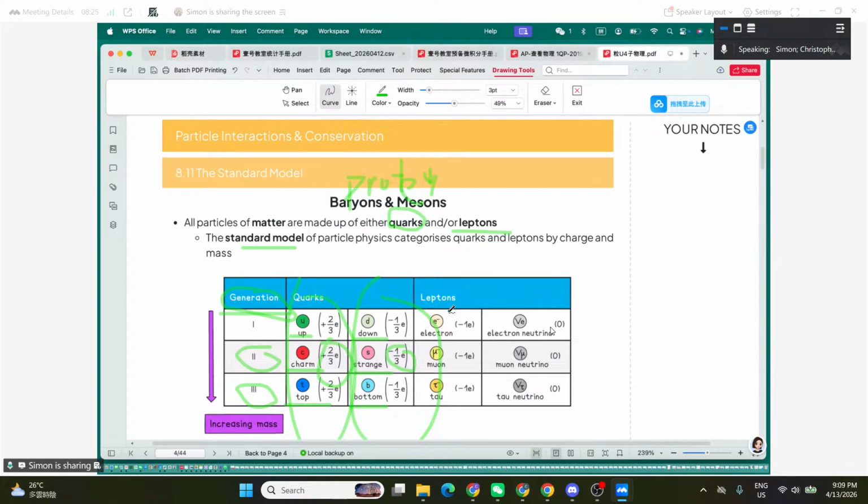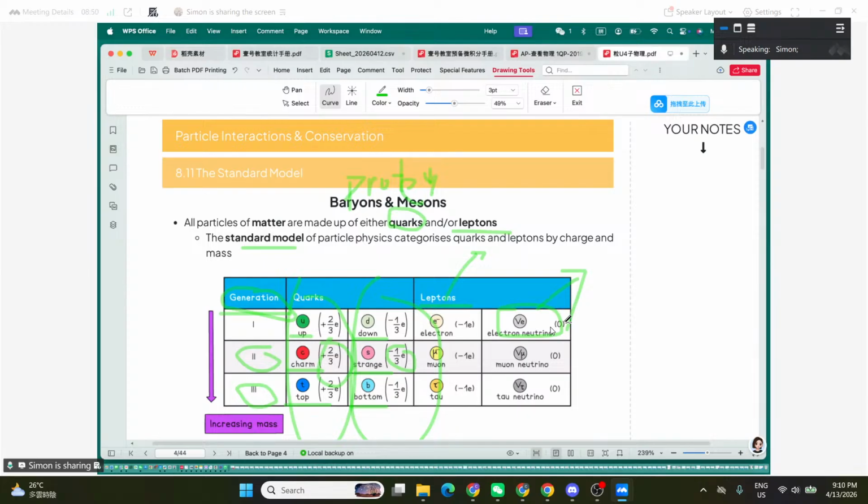Every generation also has leptons. A lepton is a basic unit, like the electron, and each generation of leptons has a corresponding particle, the neutrino.